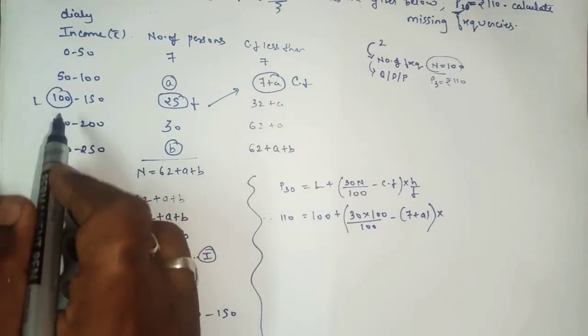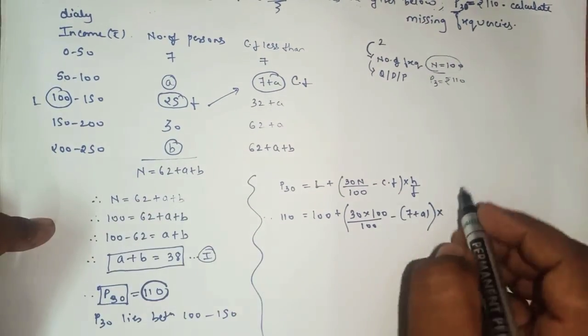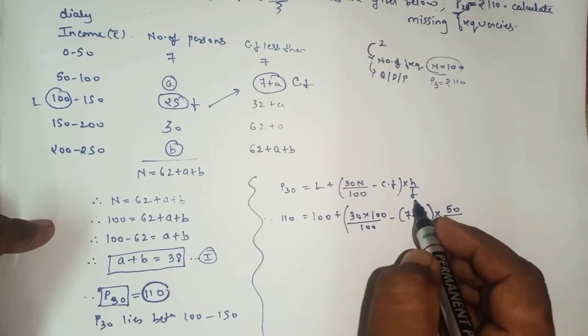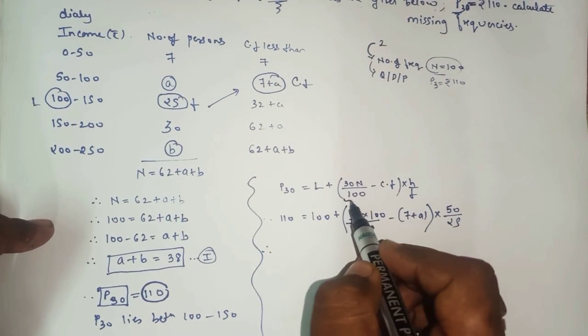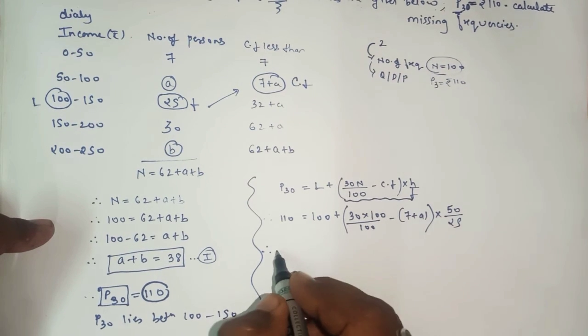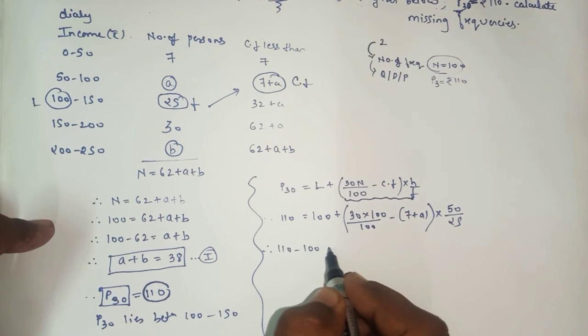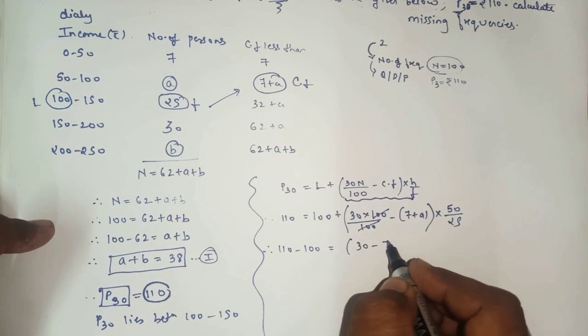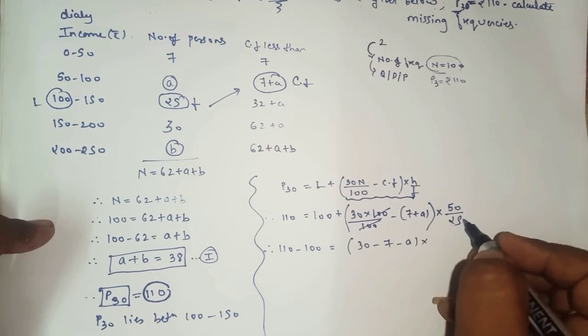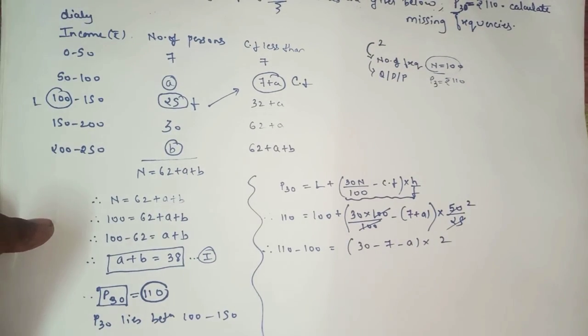H, clearly we can see the class difference is 15, and F is 25. As we know this formula, 110 equals 100, this 100 will get cancelled, so you are left with 30 minus 7 minus A into 25 ones are 25, twos are.